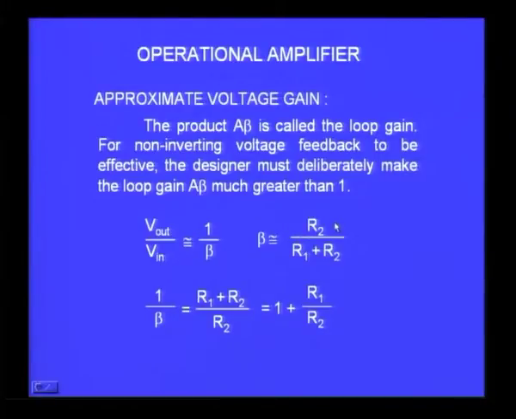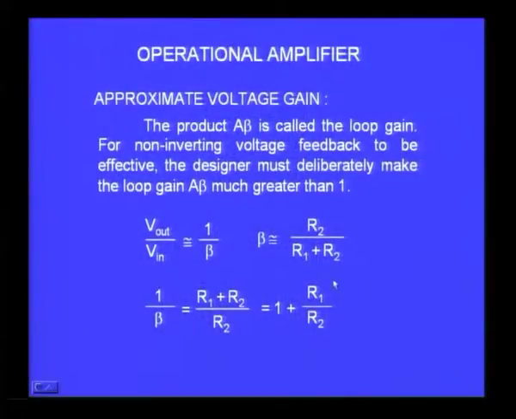And beta in this case, because we have used a simple potential divider, is R2 divided by R1 plus R2, and 1 by beta is the inverse of this, which is R1 plus R2 by R2, which can be rewritten as 1 plus R1 by R2. So this is 1 by beta, and this is the V output by V in, which we call the gain of the effective amplifier with feedback.